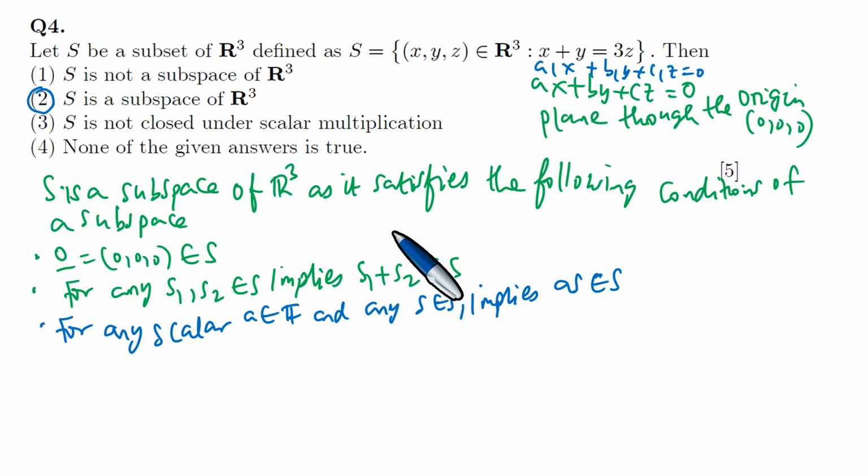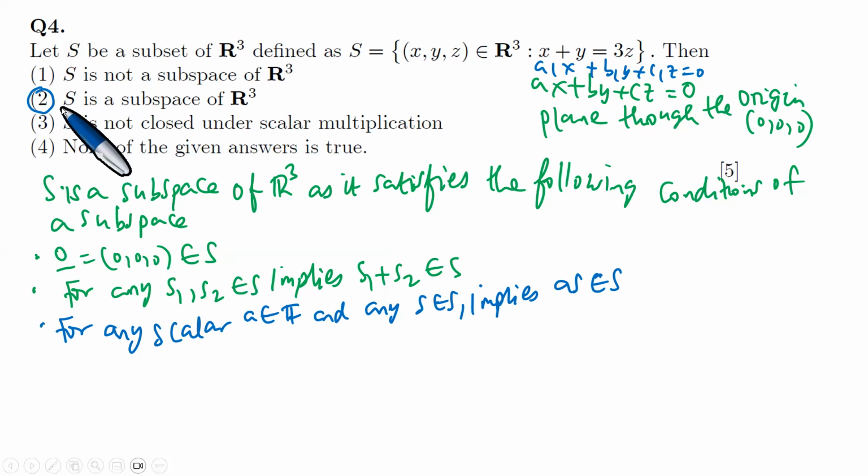There are those MCQs, but there are those long ones. With the long ones, very likely these will be the kinds of questions, like prove it is a subspace, and you need to prove the three conditions. It's something that you can surely expect.